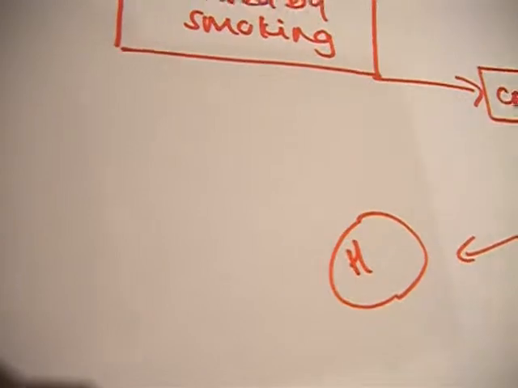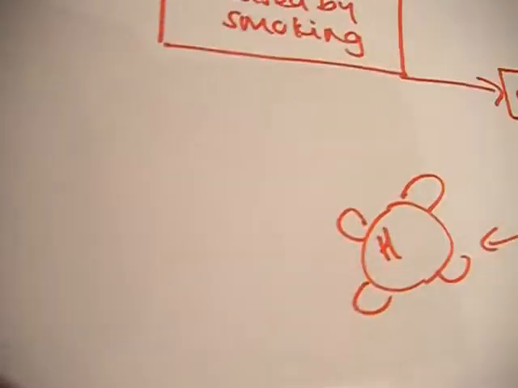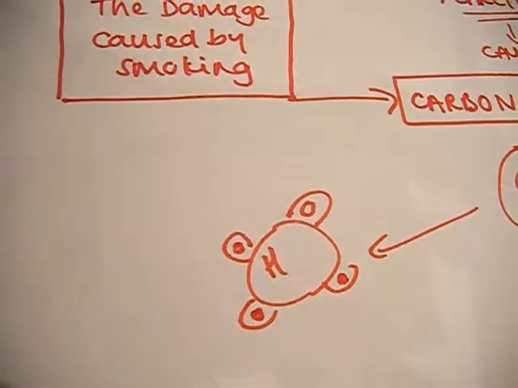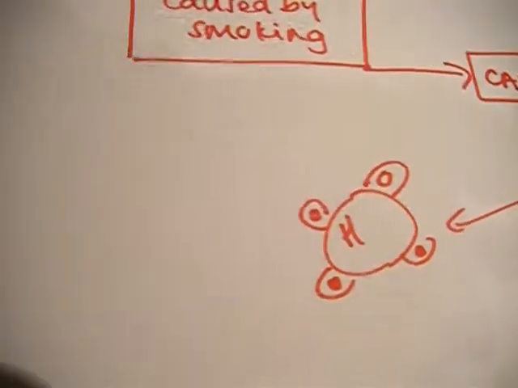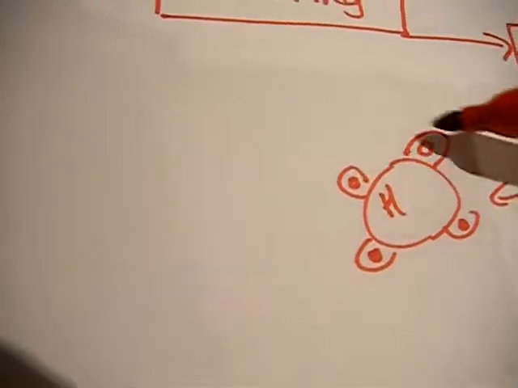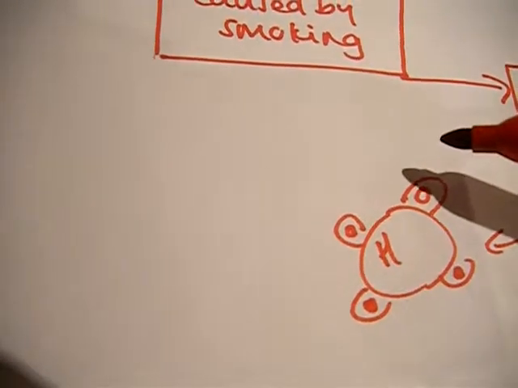So I'm going to draw a hemoglobin molecule with its little oxygens attached. So these are oxygen here. So normally the red blood cells contain hemoglobin, whose job is to carry the oxygen around.